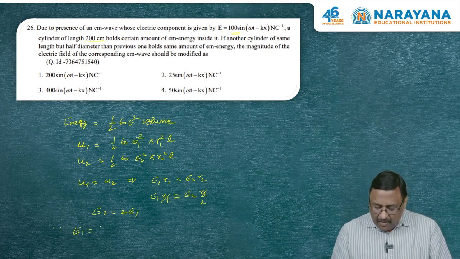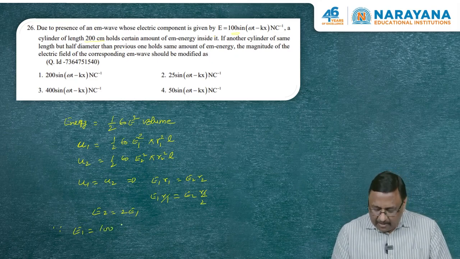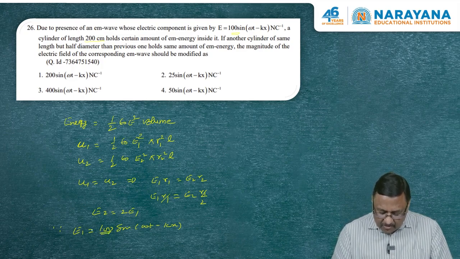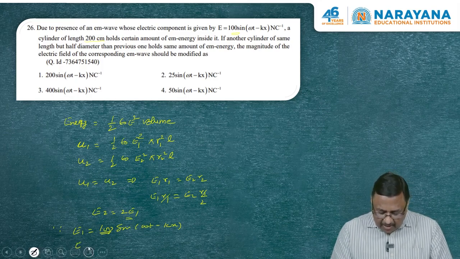E1. Here the electric field vector is given to be 100 sin(omega t minus kx). Initially I can write this as E naught 1, so this is all the maximum value we are writing. This is going to be replaced by 2 times E1. So what is my wave represented by?